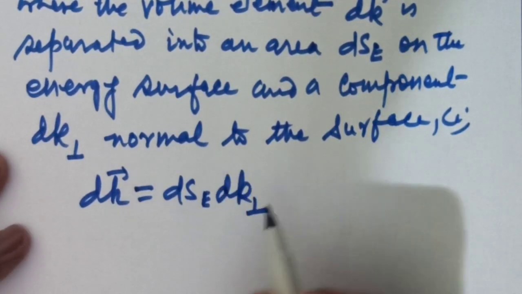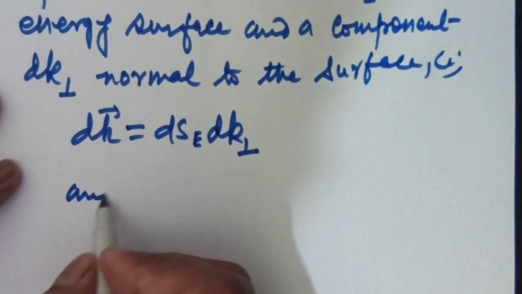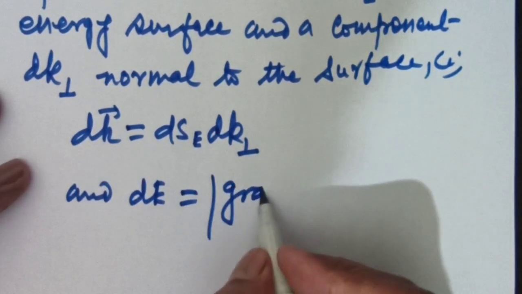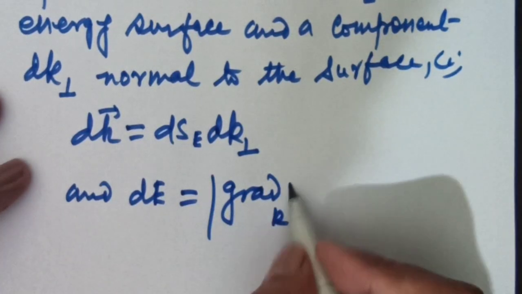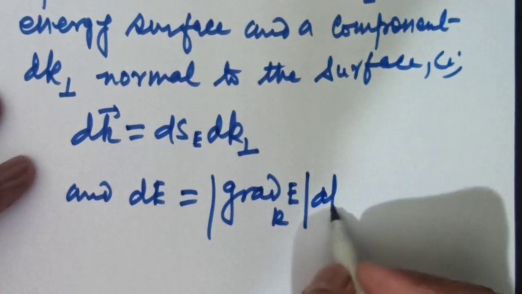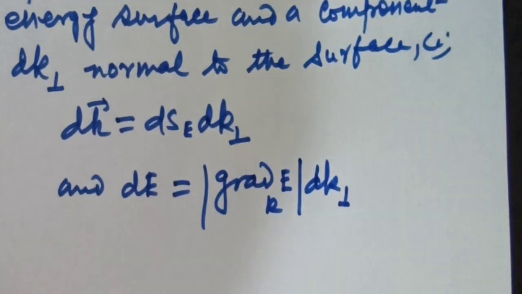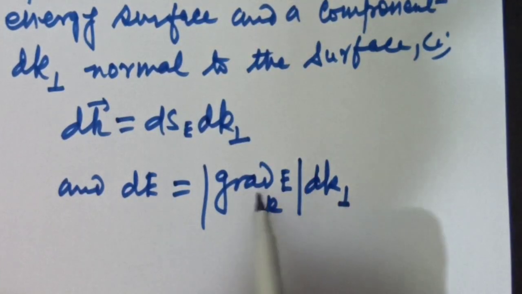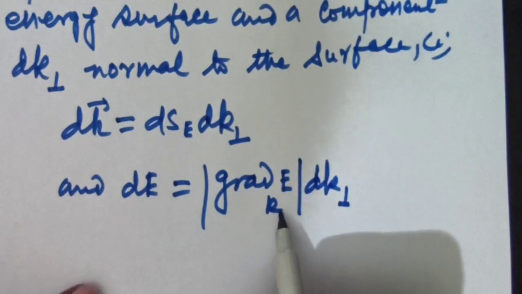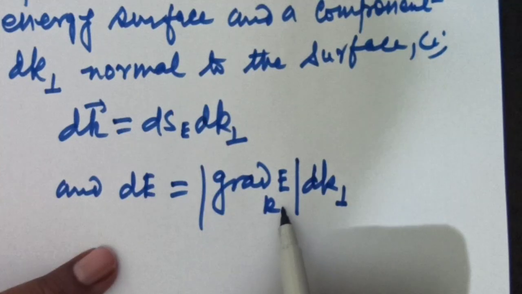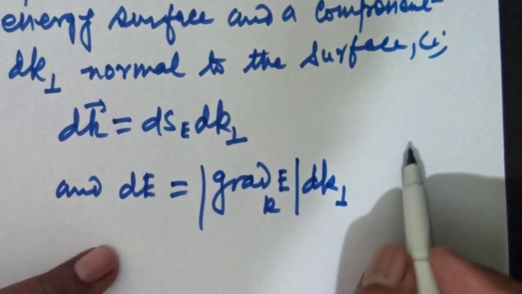dSE and dk perpendicular, and dE is equal to gradient E dk perpendicular. This is quite obvious. This gradient E, k means rate of change of E as k changes, and k changes normal to the energy surface.